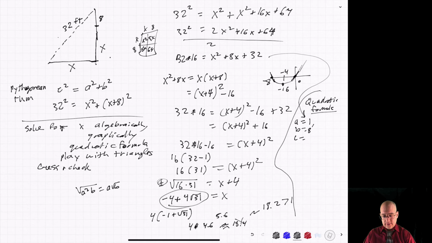I mean, so it's still this 16 times 31, I guess. No, wait, sorry. It's 32 times 16. All right, and so what would you have to do? Well, minus 8 plus or minus the square root. 8 squared is 64 minus, oh, and this is probably minus here, so it's going to be a plus. 4 times 32 times 16, all divided by 2.